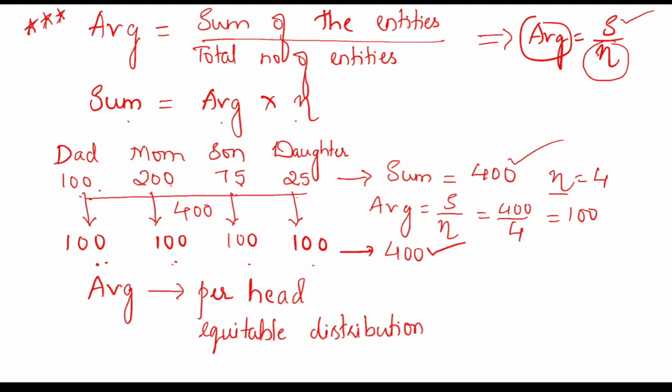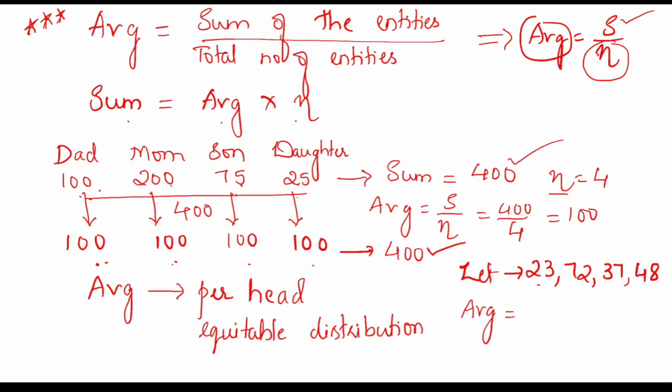So let me take one more example. Now there are 4 numbers. What are those numbers? It is 23, 72, 37 and 48. Let the numbers be these. So what is the average of these numbers? Average is nothing but the sum of the observations.